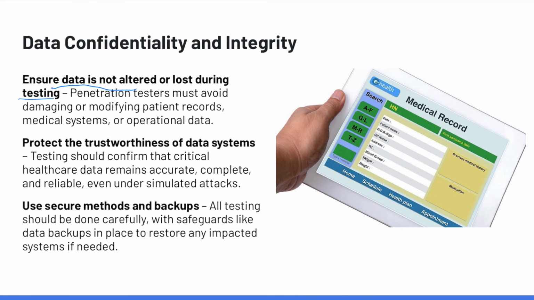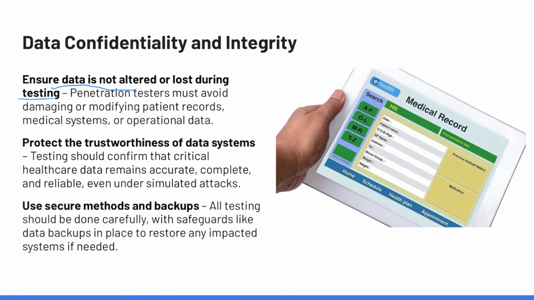So this means that the operations that a penetration tester might try to execute, such as data exfiltration, or for example, when we looked at the SQL injection example, there was a SQL command that could have been used to delete all of the users in a database. This may be something that just is not going to be possible, right?